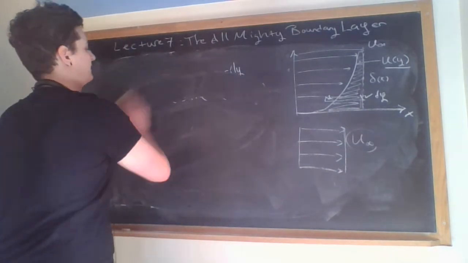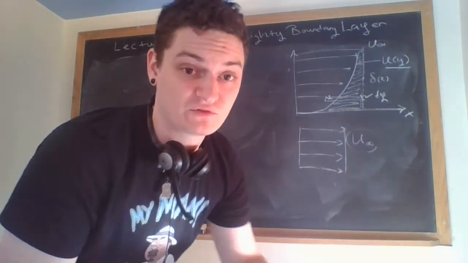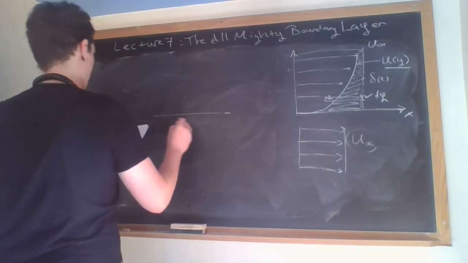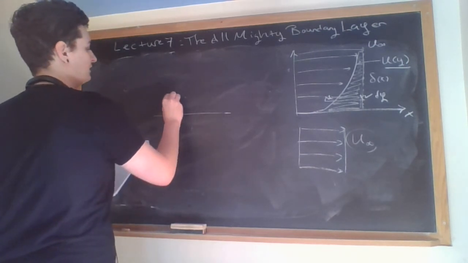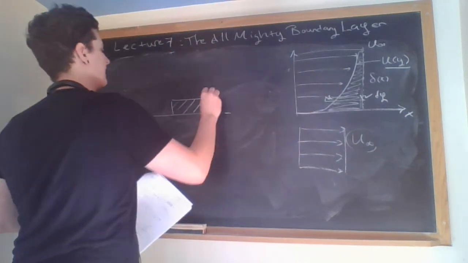The other thing, the classic graph you draw about the displacement thickness, is it shows you how to plot these streamlines over a body. So really you've just equated area. This area and that area are the same.